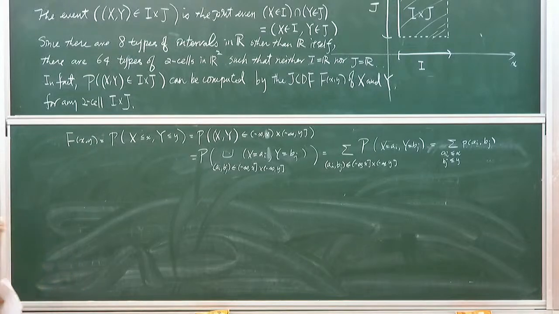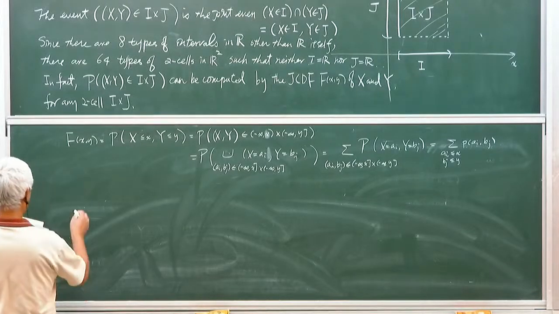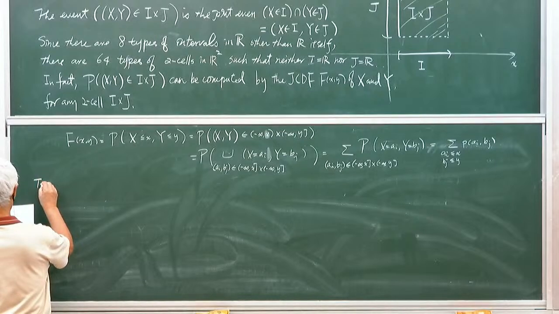So this is the first case, where we consider the two random variables as discrete random variables. The other special case is defined here.